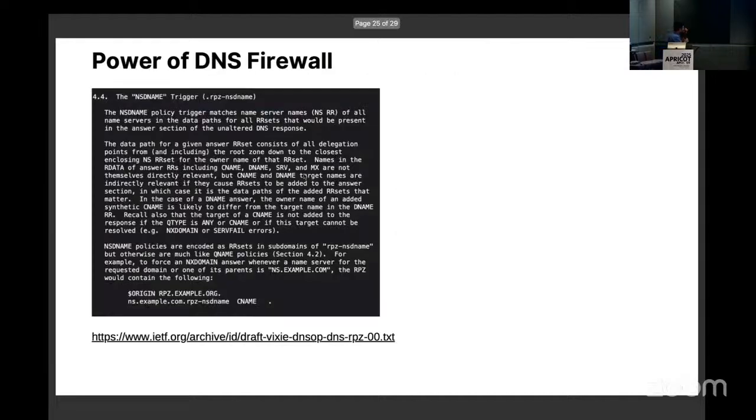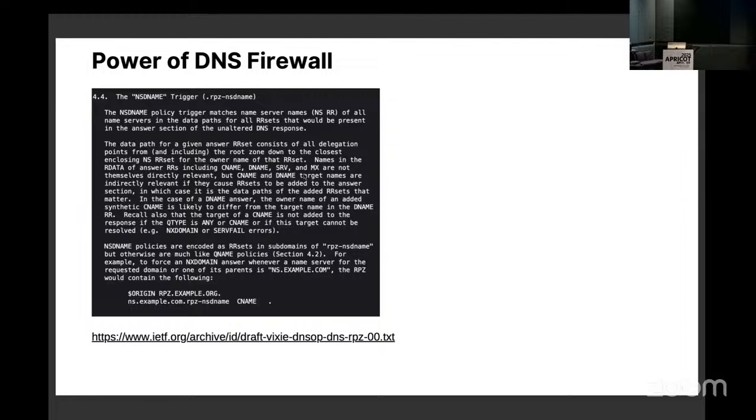In fact, this is mentioned in the IETF draft for the particular trigger, which is NSDNAME, and that's the example. So let's say, for example, ns.example.com is a bad name server, and I want to block it, right? So I'll create a zone file, and I'll put ns.example.com.rpz-nsdname as the trigger, and then what I want to do is block it.